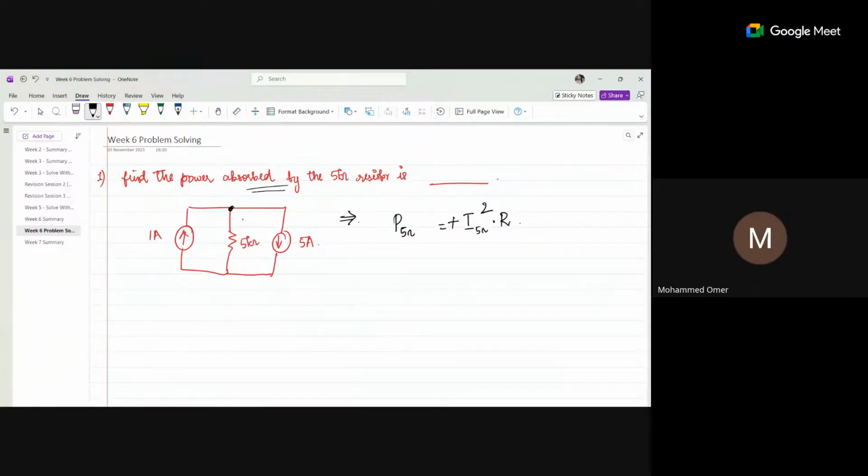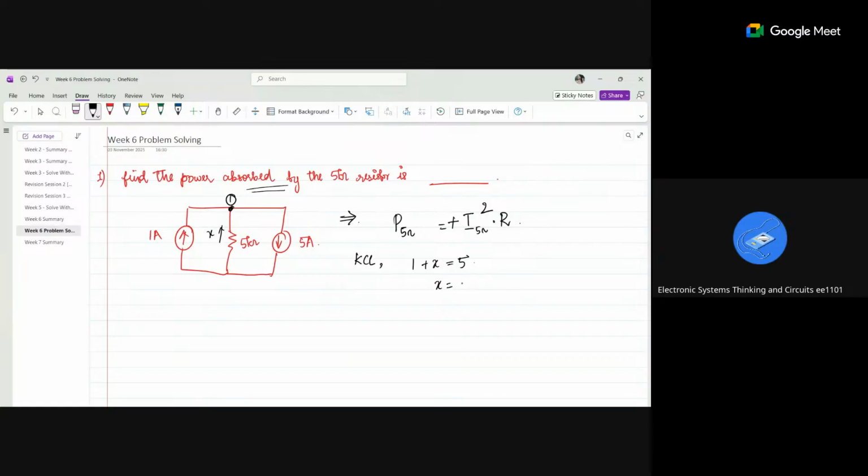Yes, KCL. Applying KCL at node 1, by KCL the current entering will be equal to the current leaving. What are the currents that are entering? 1 ampere and 5 ampere are entering, and I am leaving. I'll assume this direction, x.